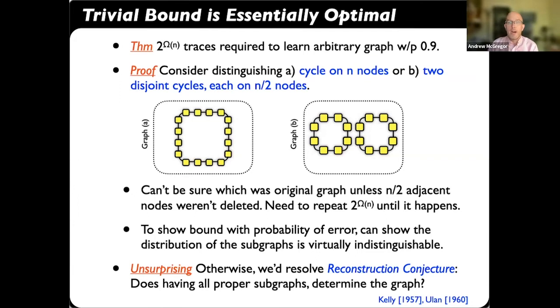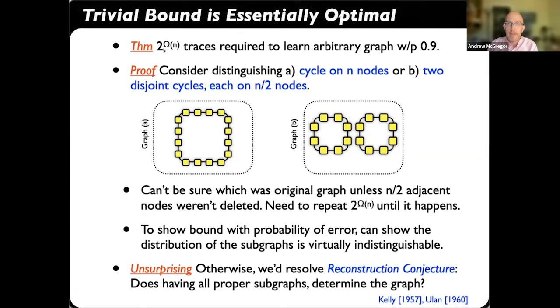Okay, so the result is also somewhat unsurprising, since there's this famous conjecture in graph theory called the Reconstruction conjecture that's been open for general graphs for like 60 odd years, and that's been resolved for some specific classes of graphs. The Reconstruction conjecture asks, does having all proper induced subgraphs determine the original graph?